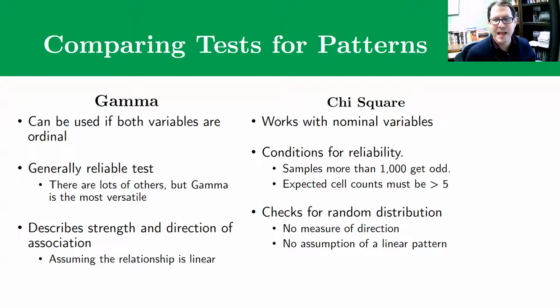The last thing I'll flag is that linear piece. I've talked about this a little bit, but I really want to stress it, that gamma only looks at, is there a positive relationship or a negative relationship? And it communicates that in a number that runs from -1, which is a perfect negative relationship, to 0, which is there is no relationship here, to +1, which is a perfect positive relationship.